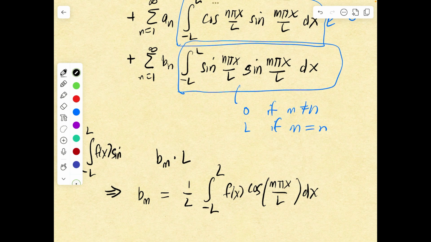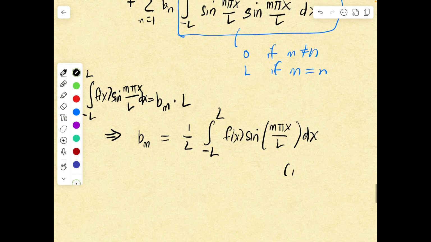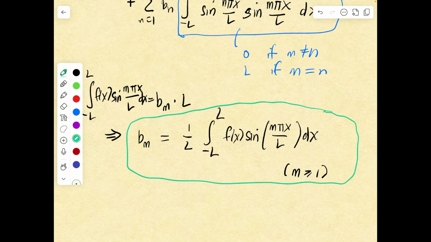If n is equal to m, then we get b sub m here, and then you get this integral, which we found is equal to L. So you just get b sub m times L is the integral from negative L to L of f of x cosine m pi x over L. And so, therefore, we conclude that b sub m is 1 over L times the integral from negative L to L of f of x times cosine of m pi x over L.